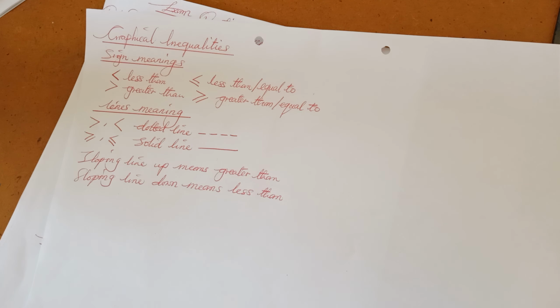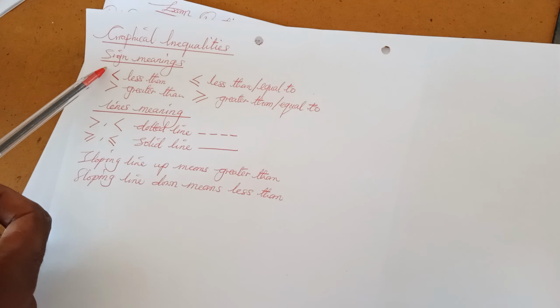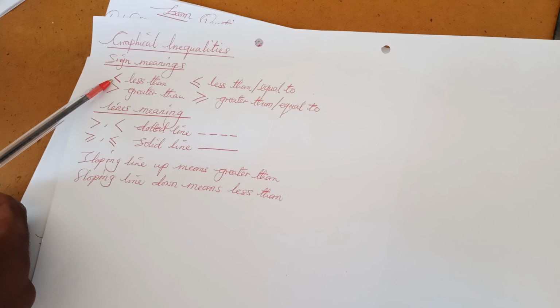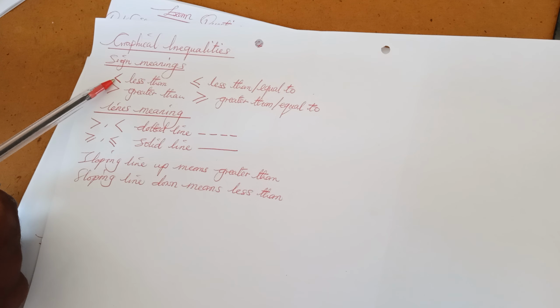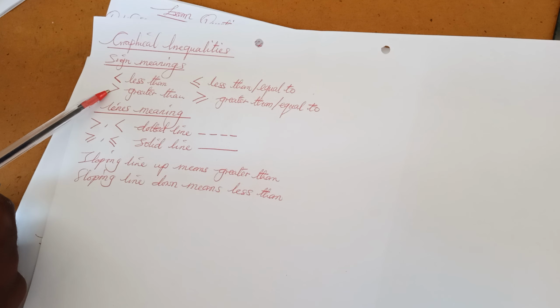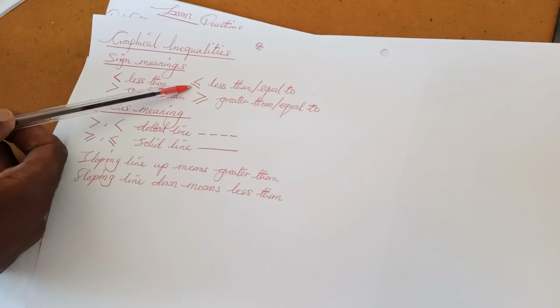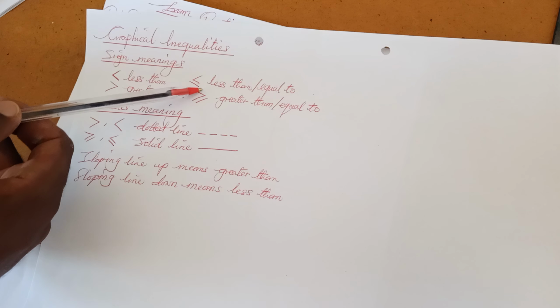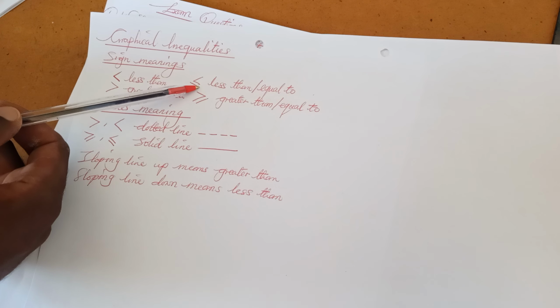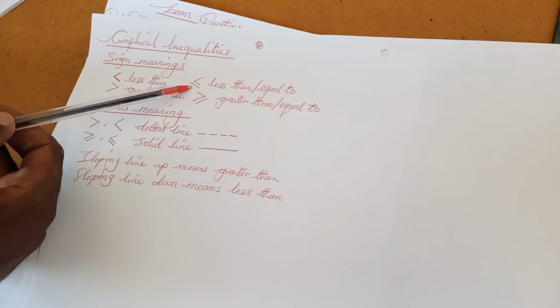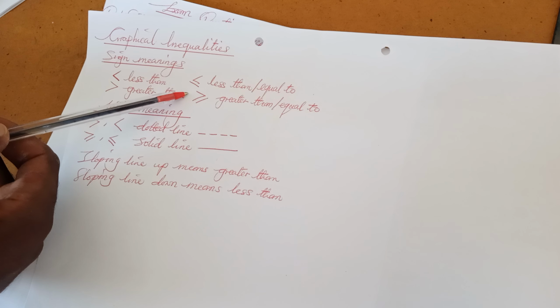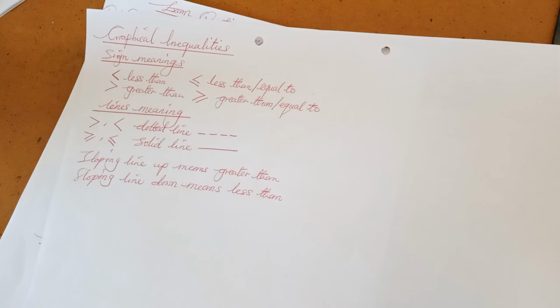Okay, so now when you see this sign, this is a less than sign, this is greater than. When a less than sign has this line under it, it means that it is less than or equal to. So this is an equal to sign. So this is less than or equal to. And this one is greater than or equal to.